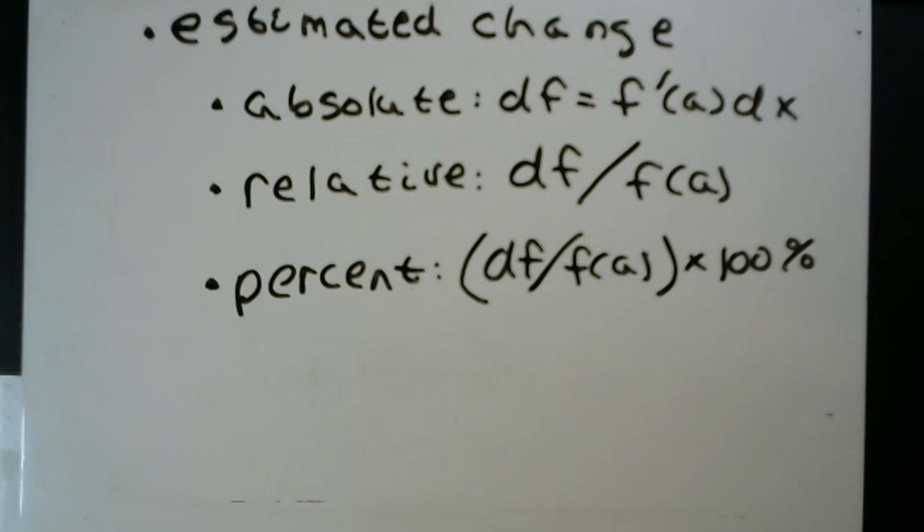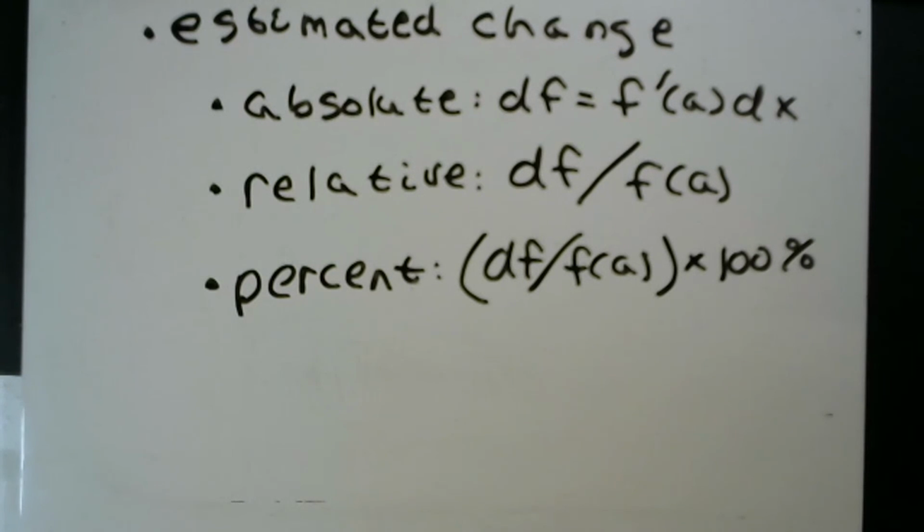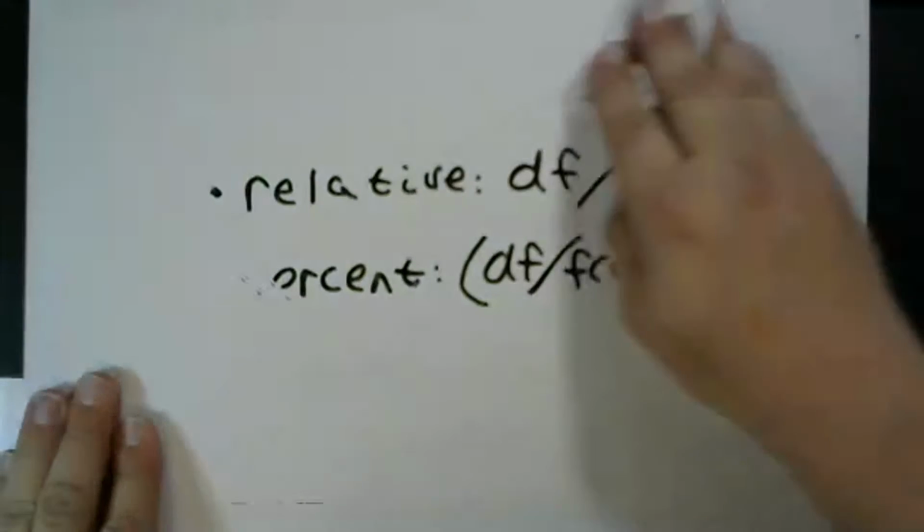All right. So it's going to be the same idea. So what we're going to do is take a look at a couple examples. So the first example, and we're going to go through these calculations.